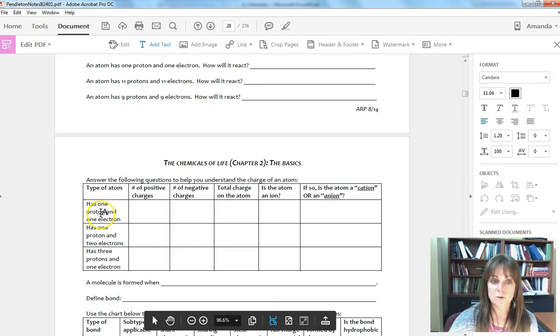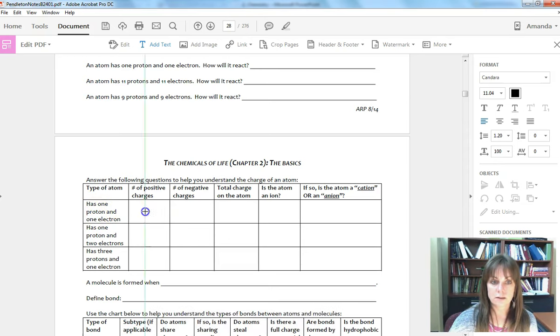So if it has one proton and one electron, the number of positive charges, remember, only protons are positive, and so +1, because it's got one proton. What are the number of negative charges? Well, it has one electron, so it's got a negative charge. So +1 -1, the total charge on the atom, 0. It has no charge, or you could say no charge.